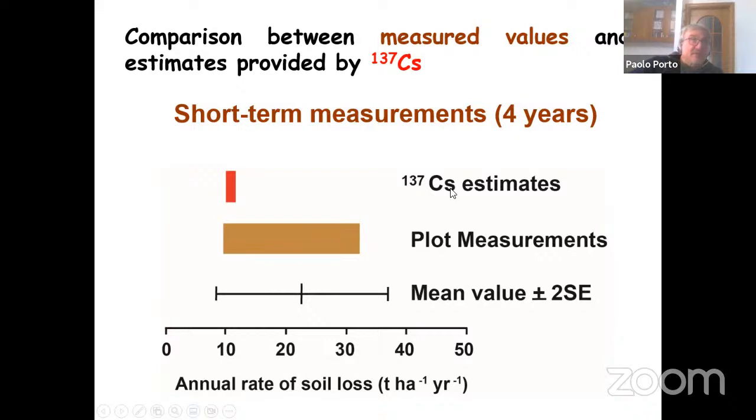But the cesium-137 estimate is related to a very long time window, from 1954 to the date of sampling, which is 2006. So the two values are not really comparable, because cesium-137 is an average of a very long time window, and the plot measurements are related to a very short time window, only 4 years. So we cannot expect that the two values coincide.